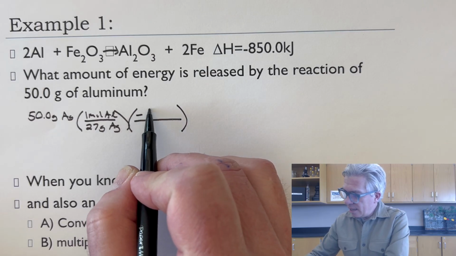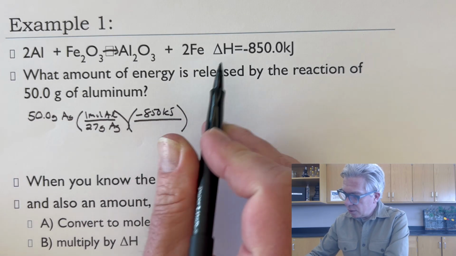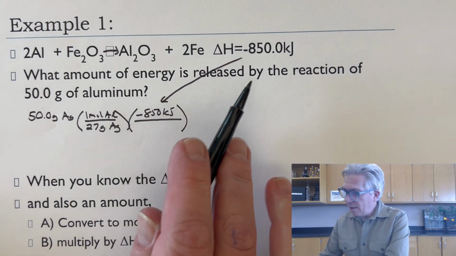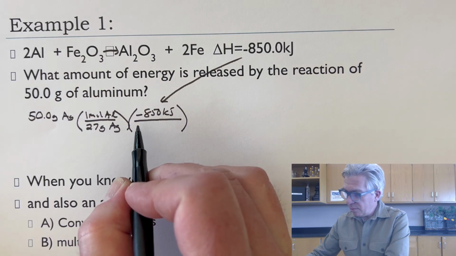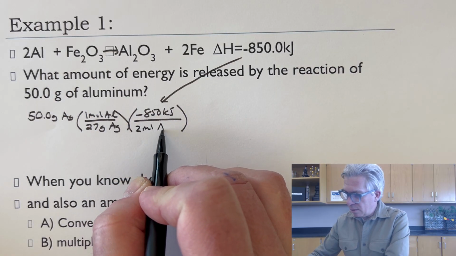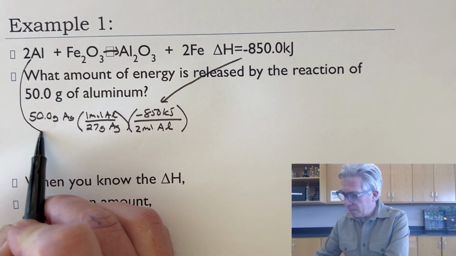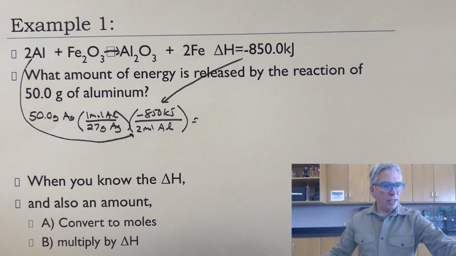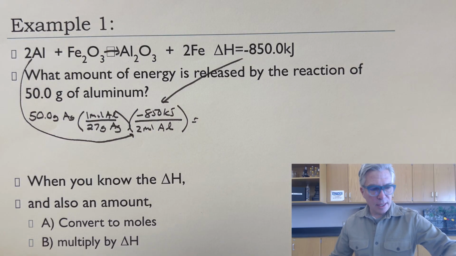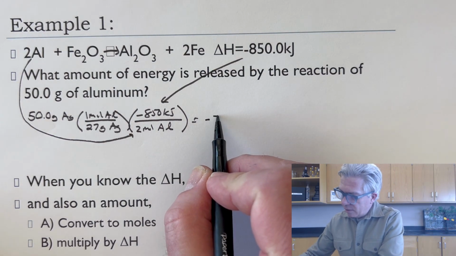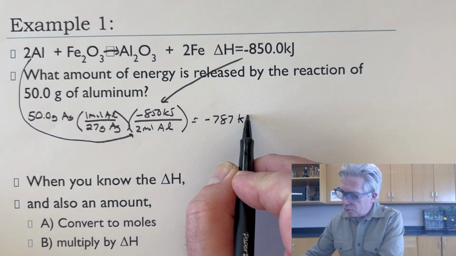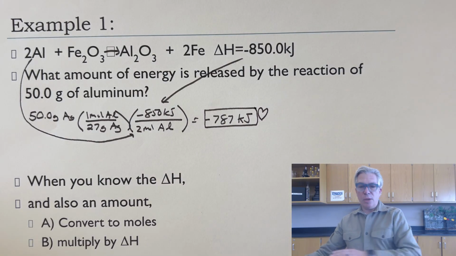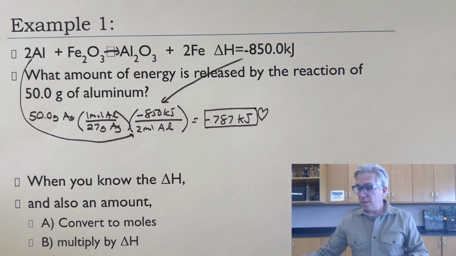And then I can take that negative 850 kilojoules, and that is 850 kilojoules for every 2 moles of aluminum. So I have to put 2 moles aluminum on the bottom. Show you where that came from. And if I do that properly, then I get a negative 787 kilojoules out of it. So convert to moles and multiply by delta H if you happen to know what the delta H is.